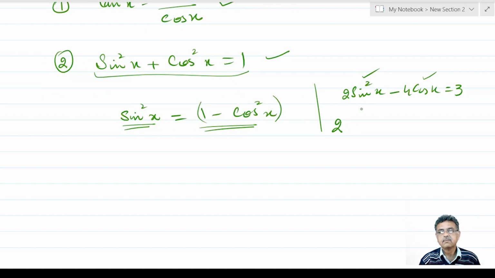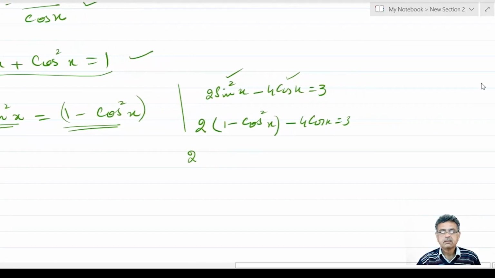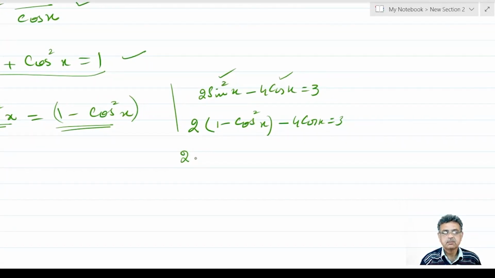So that will be 2 times 1 minus cos square x minus 4 cos x equal to 3. Then it will be 2 minus 2 cos square x minus 4 cos x equal to 3.